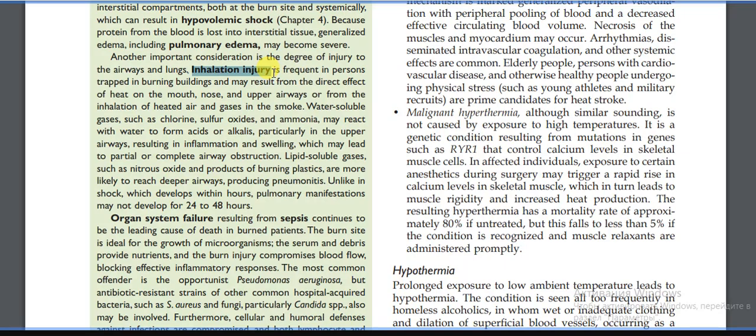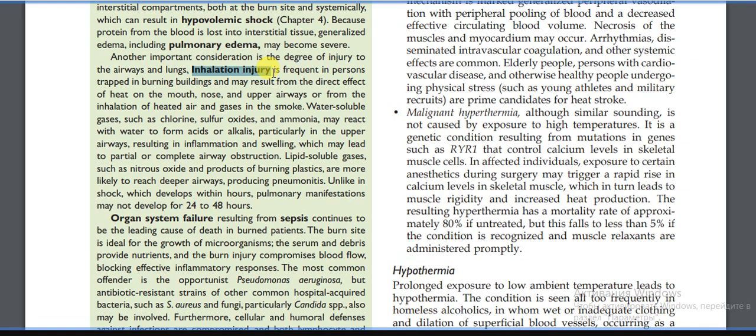It also should be prevented. Lipid soluble gases like nitrous oxide and products of burning plastics are more likely to reach deeper airways, producing pneumonitis. In these patients it will look like pneumonia, but actually it's not pneumonia, it's pneumonitis.